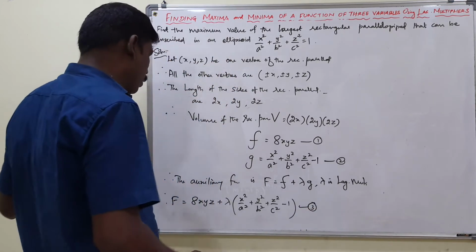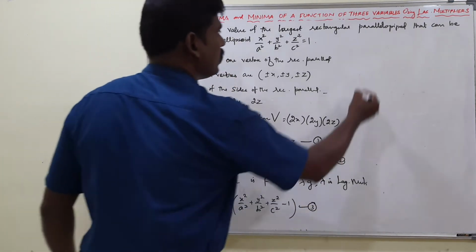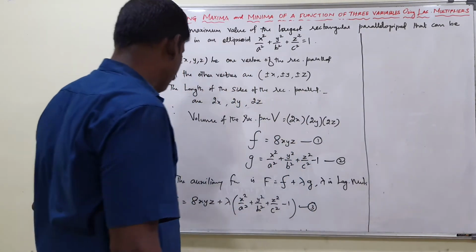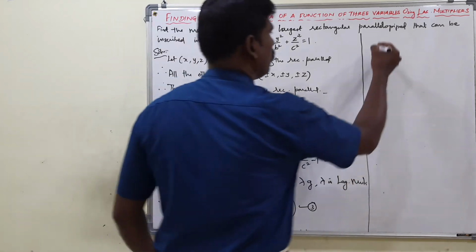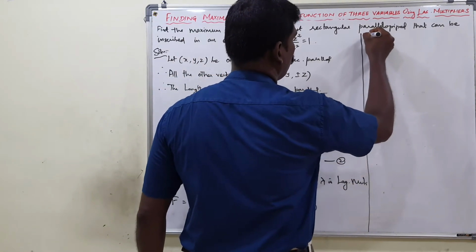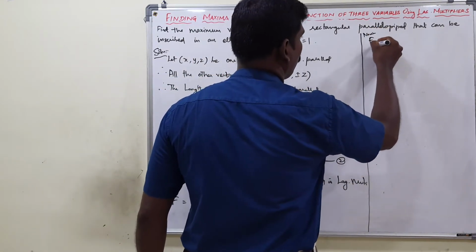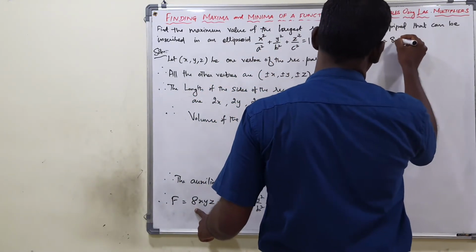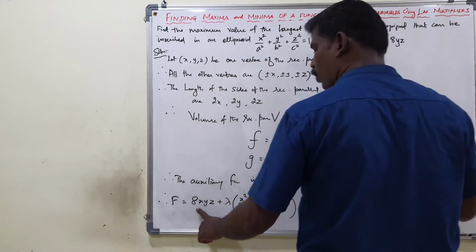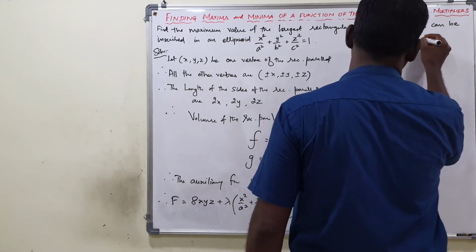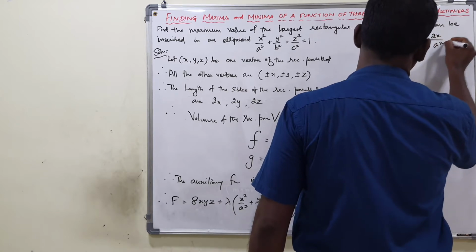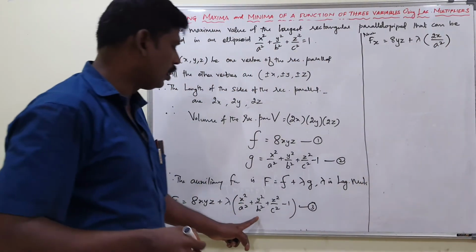Now I am going to find Fx, Fy, Fz, isn't it? What is Fx? By taking the derivative with respect to x, we get 8yz plus lambda into 2x by a square. All the other terms become 0.